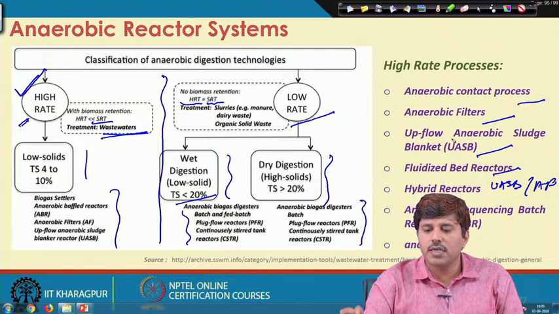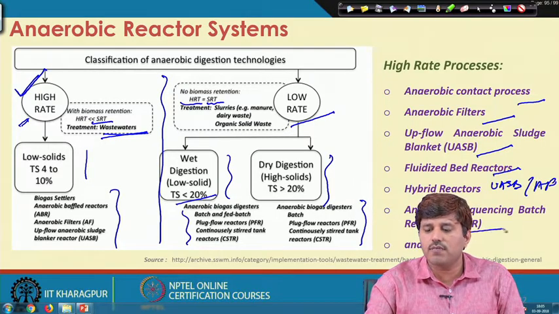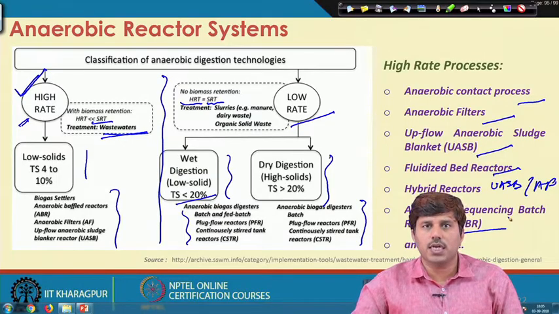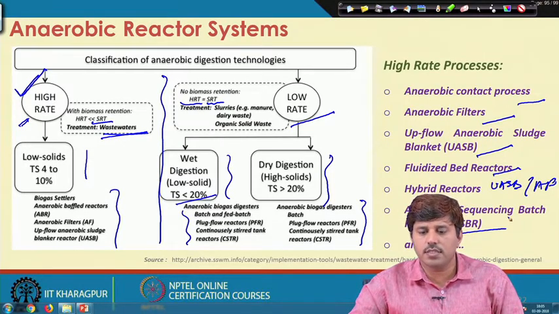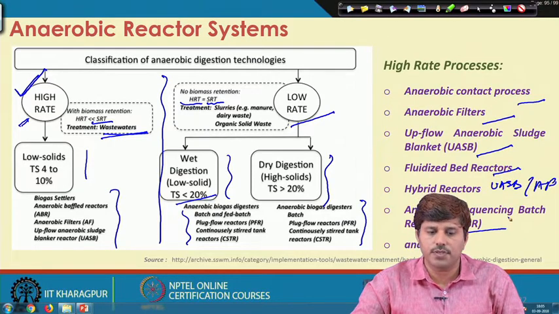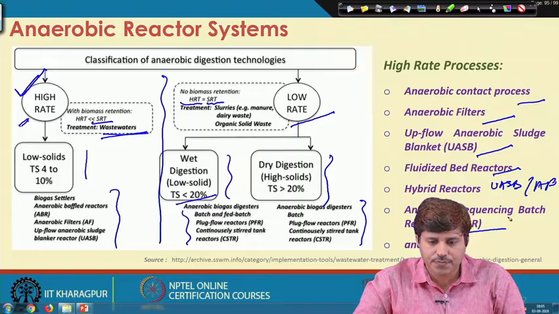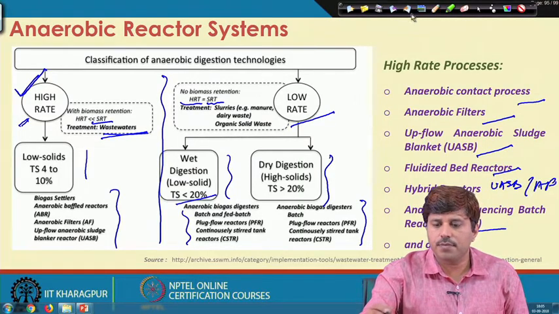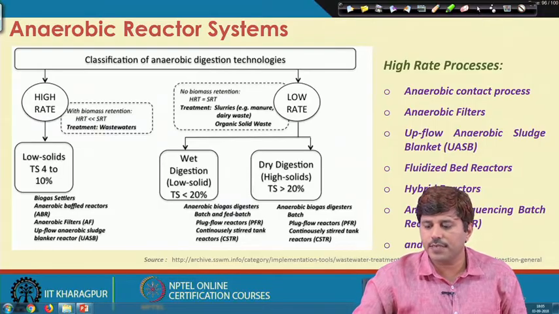Then there is the anaerobic sequencing batch reactor, known as ASBR, and a few other configurations are coming into the industry. So, different configurations are being used in such systems. These are some of the basic reactor types.